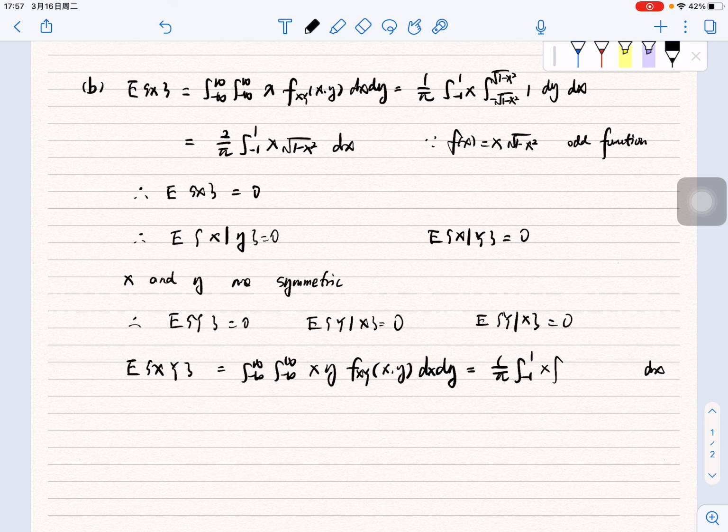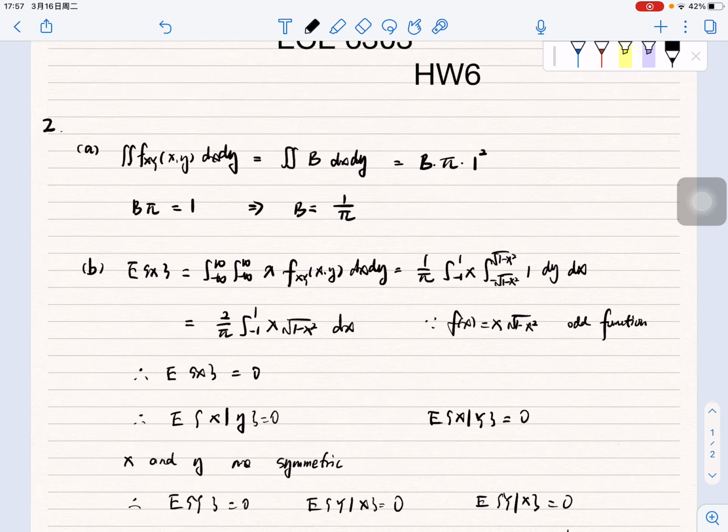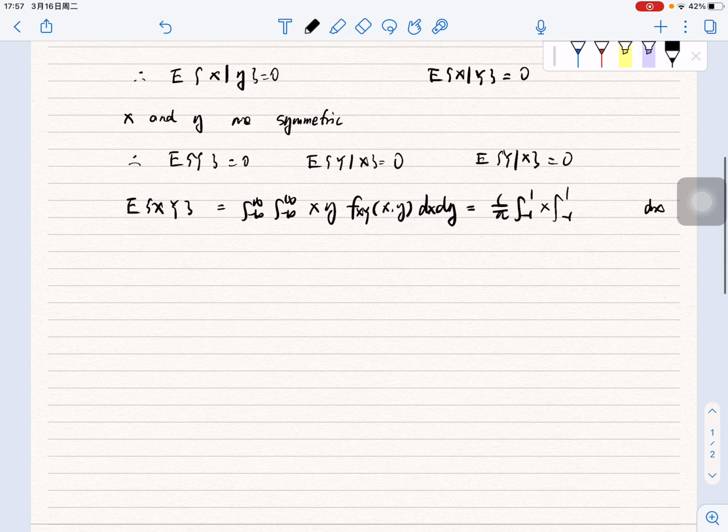And the integration of y is from minus square root of 1 minus x squared to square root of 1 minus x squared, y dy. And we can calculate it. It is 0.